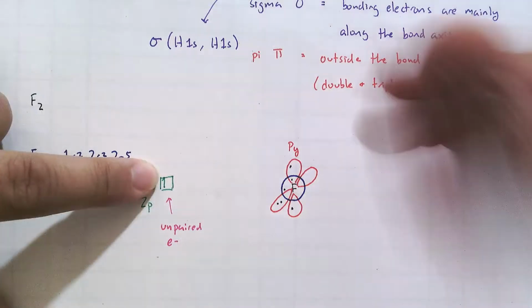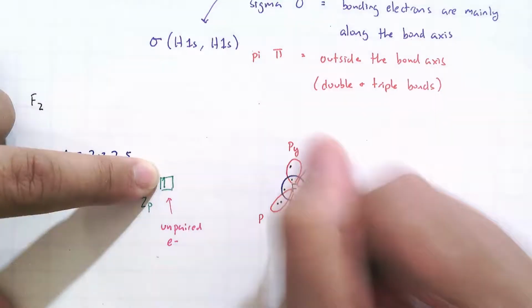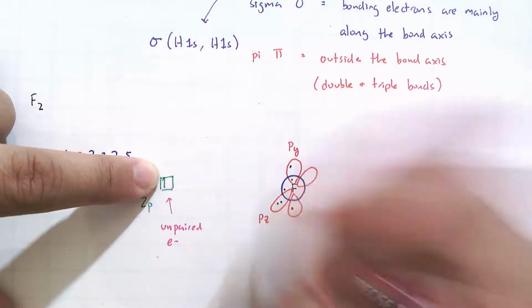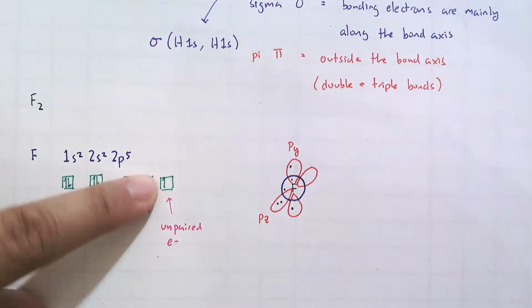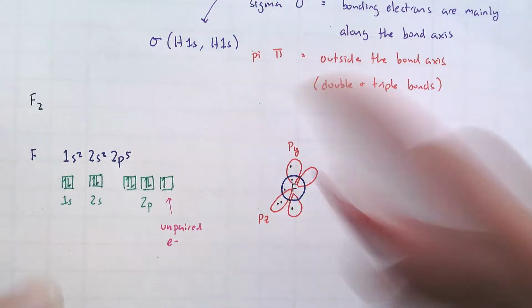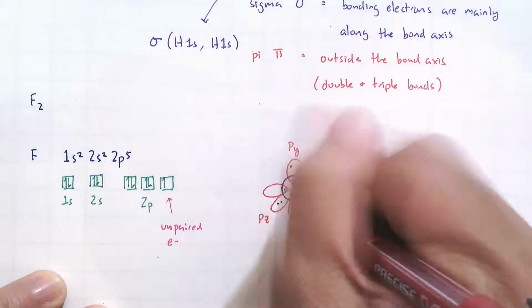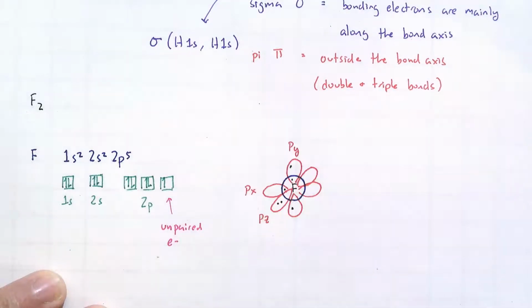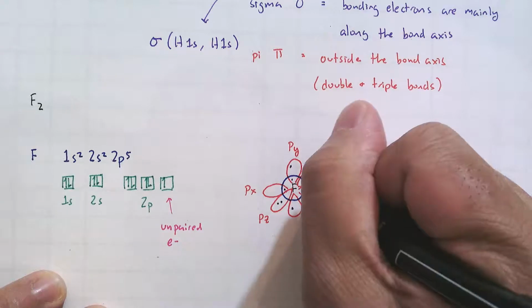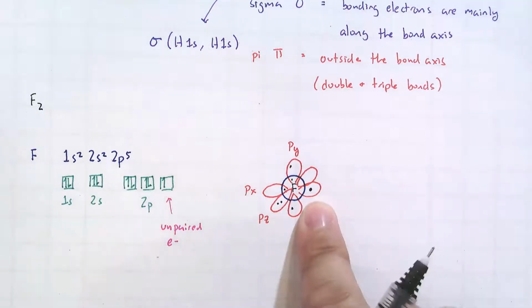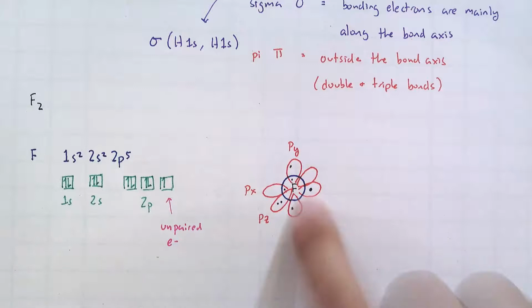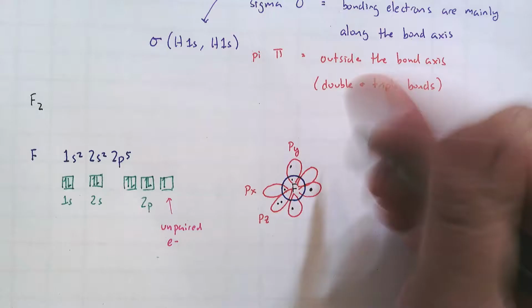We'll call this the pz. We didn't talk about this orbital yet, the one that has a single electron, that we'll call the px. It's a little crowded, but this is the electron we're most interested in. And actually, that's the orbital that's going to be overlapping with the other fluorine.